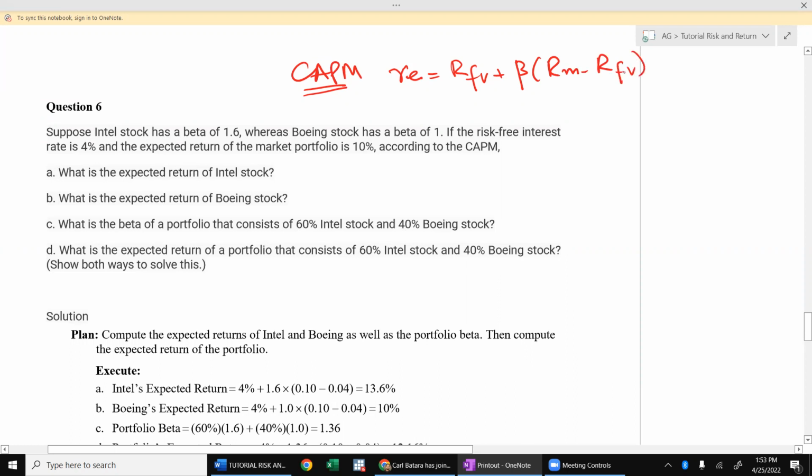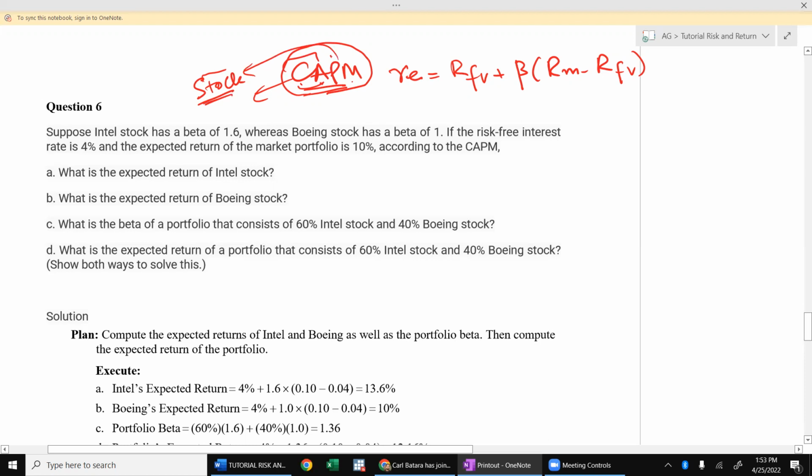Capital means long-term assets, or stock. Capital asset means stock. Pricing model means a model that calculates the price of the stock.